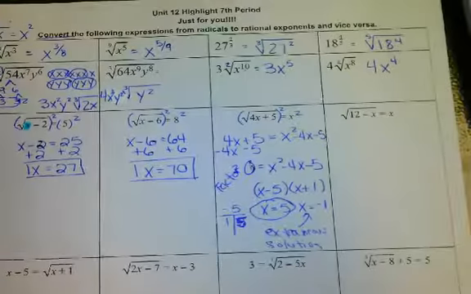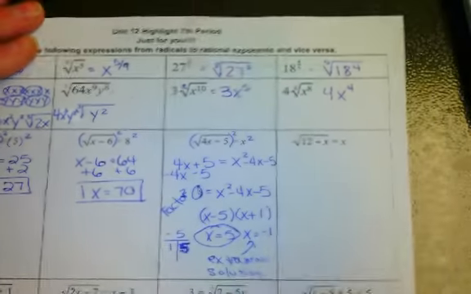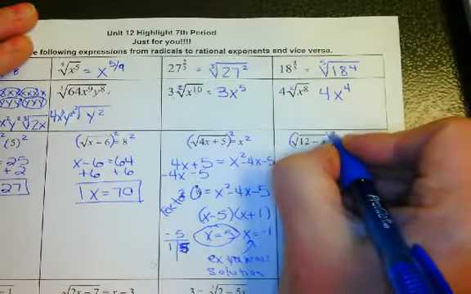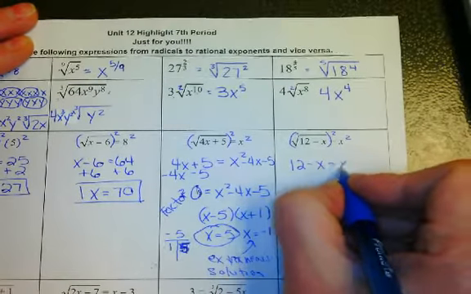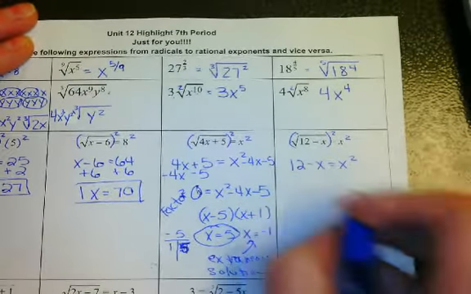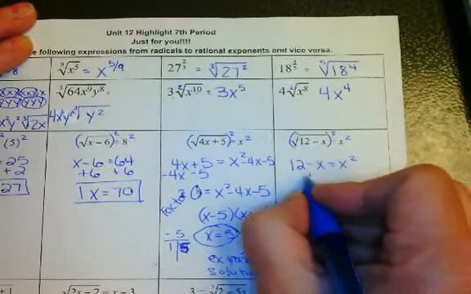And there it is, x equals 70. And again, check it. Make it equal 0.